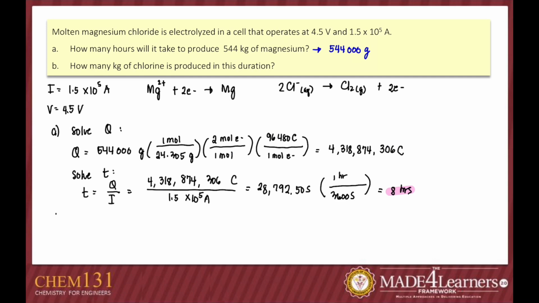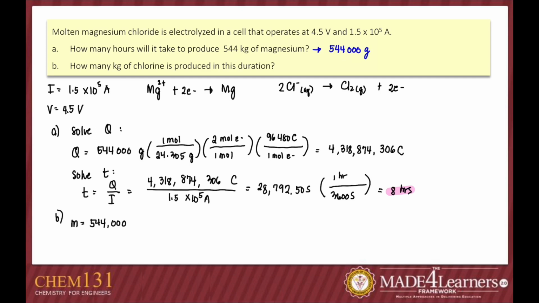For letter B, we're looking for the mass of chlorine. So we're going to use Q again to find the mass of chlorine. So the mass of chlorine, from Q. Not 544,000, sorry.